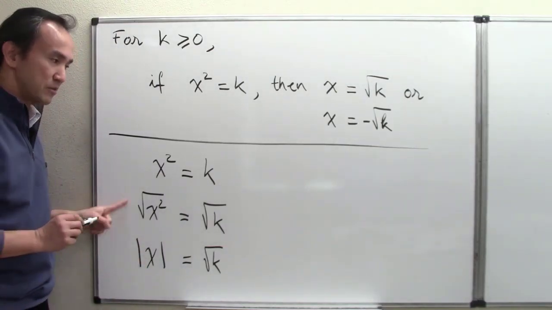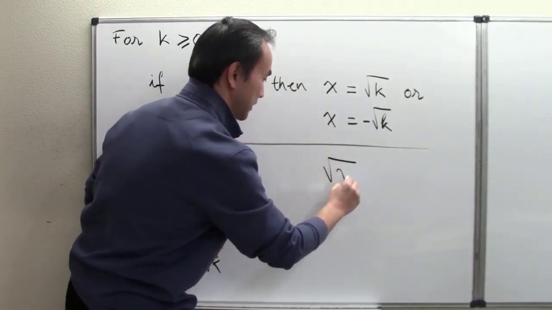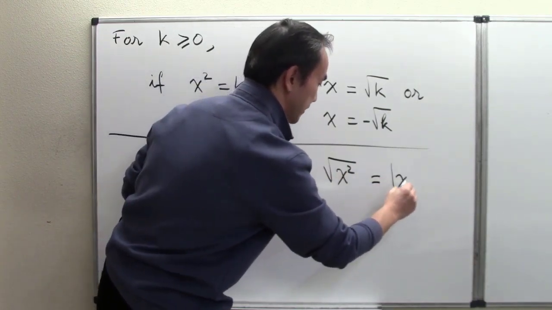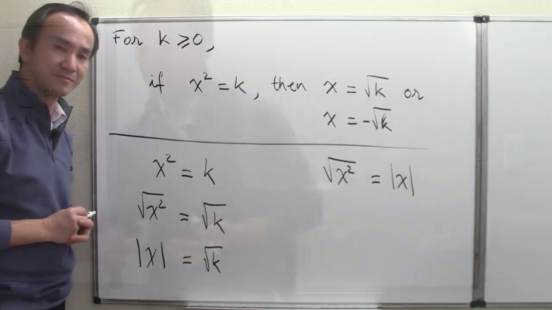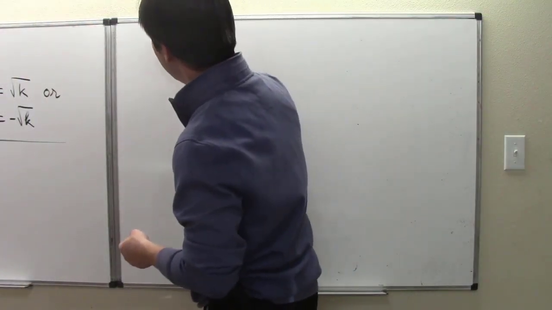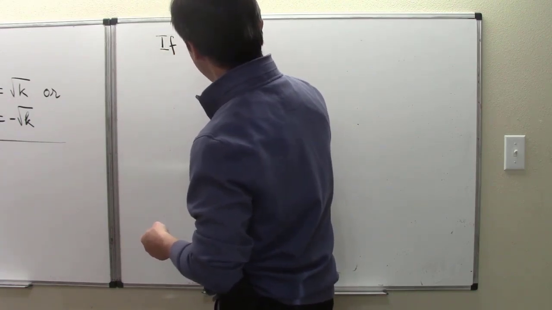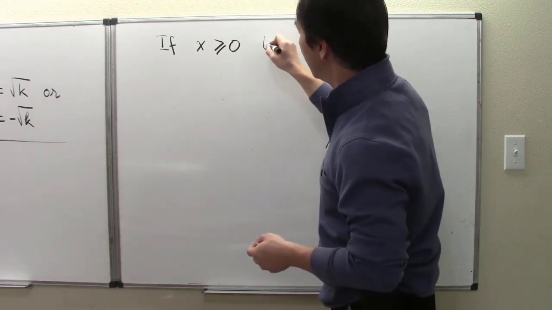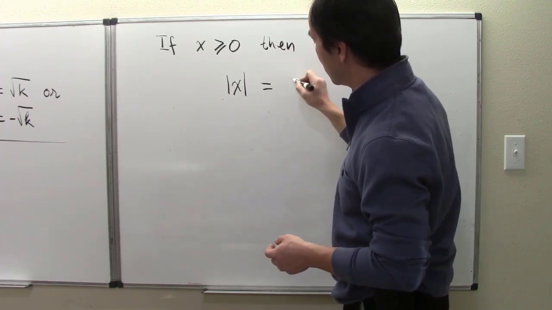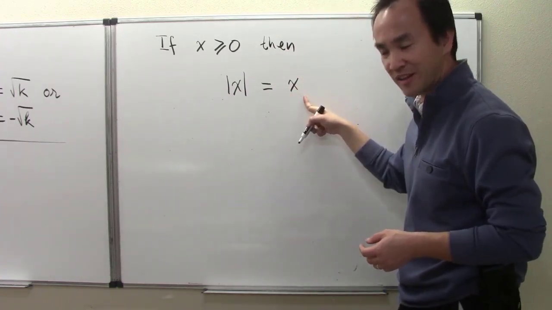And this came from the property that we've learned in the previous lesson, that the square root of an unknown expression squared equals the absolute value of x. But then we further learn that if x is a non-negative value, then the absolute value of x will equal simply just x, where there's no further absolute value notation required here.